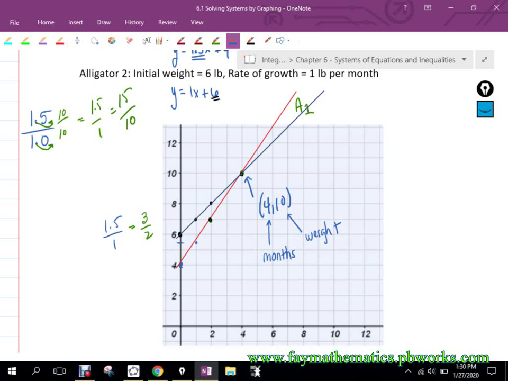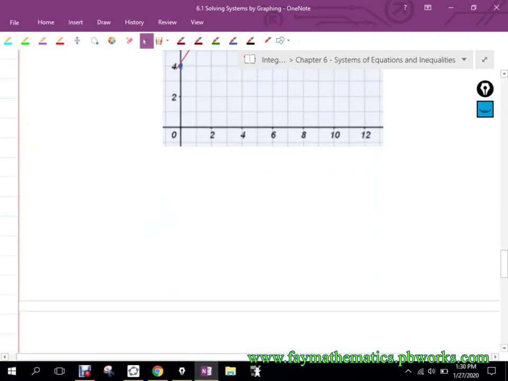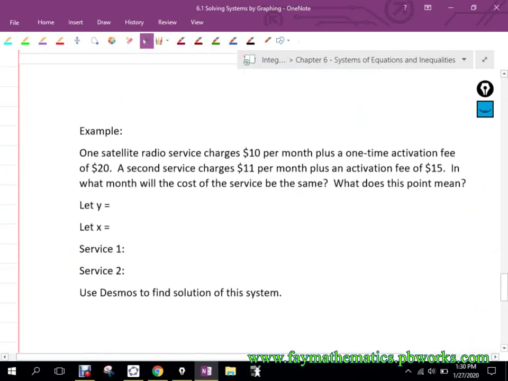Okay, so we're just going to change the context of the problem, but it's still the same problem. We'll do that next story problem. The next story problem is that idea with money, but I think it's talking about cell phones or satellite radio, like Sirius radio or something like that. And we'll talk about the options we have there.